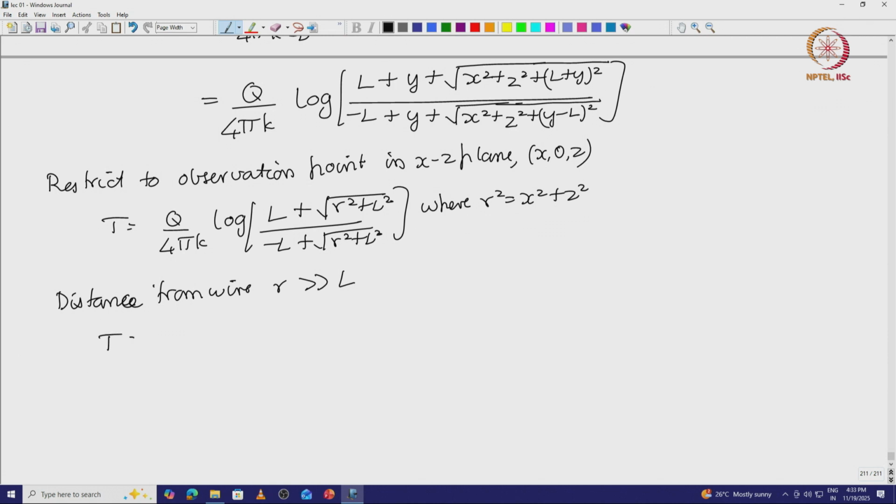So, I will get T is equal to q by 4 pi k into log of (L by r plus square root of 1 plus L square by r square) by (minus L by r plus square root of 1 plus L square by r square), dividing numerator and denominator by r.